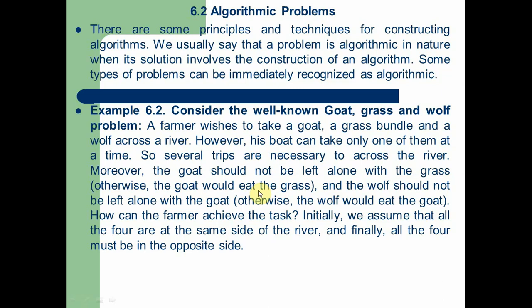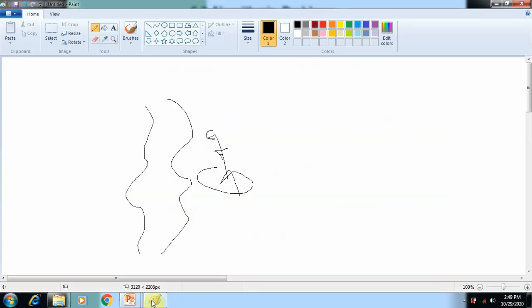The goat, grass and wolf should cross the river and reach the other side of the river without any damage. Consider on the right side there was a goat, a farmer, and a wolf.